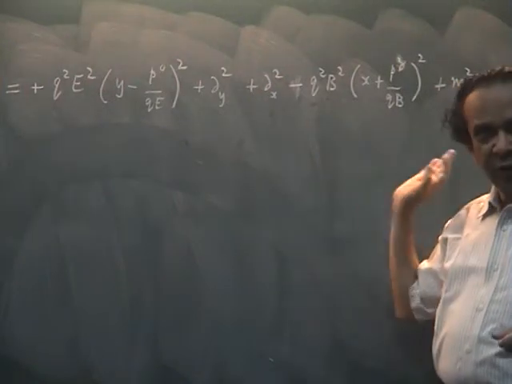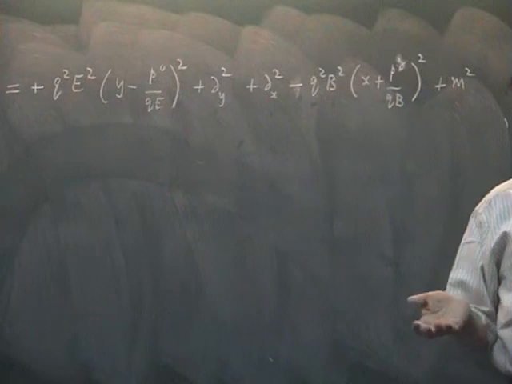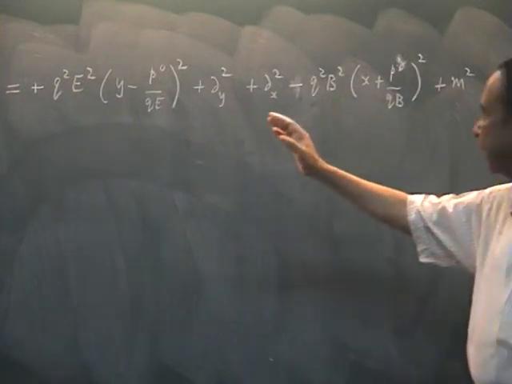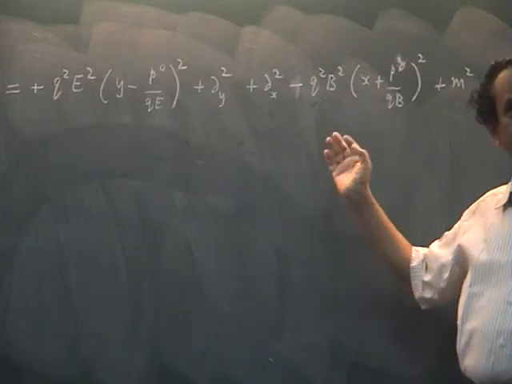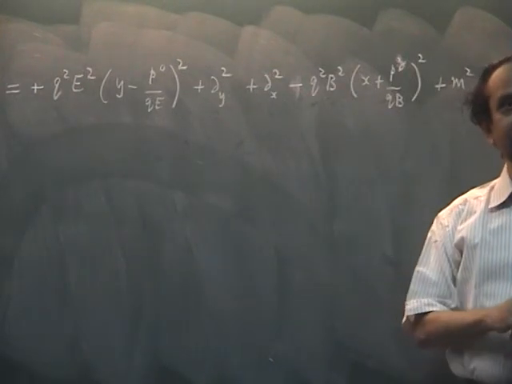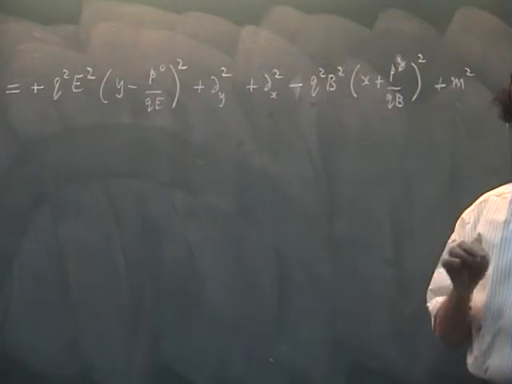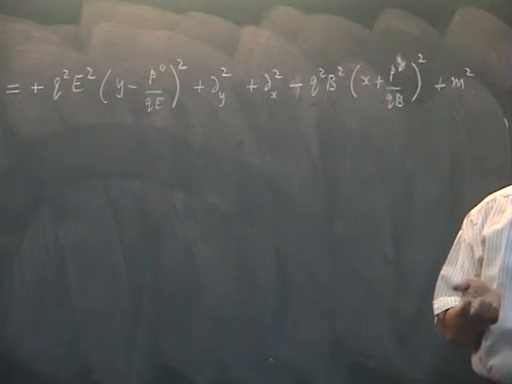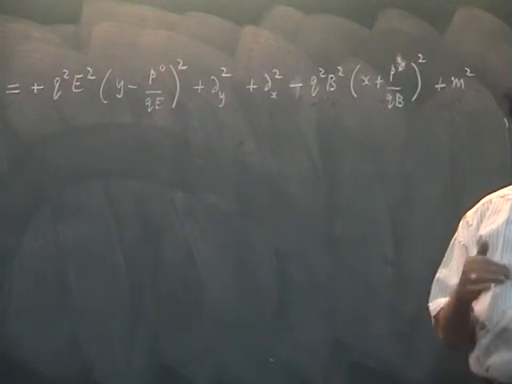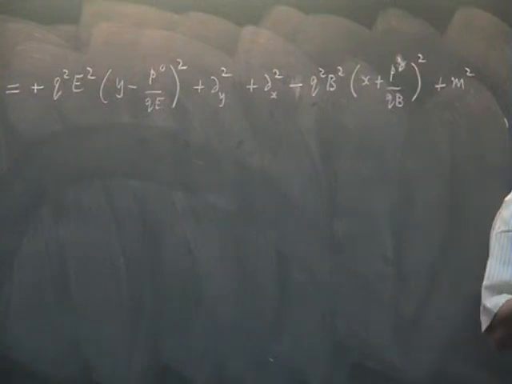As far as this Hamiltonian is concerned, it is completely solved because it has been reduced to two separate quantities. This is exactly what you would have had if you have a harmonic oscillator in the x direction and a harmonic oscillator in the y direction, with the difference that one of the harmonic oscillators has a sign for omega square which is opposite of the conventional, right? But it is still a quadratic potential.